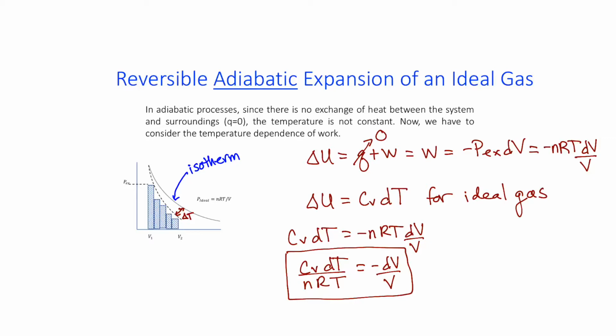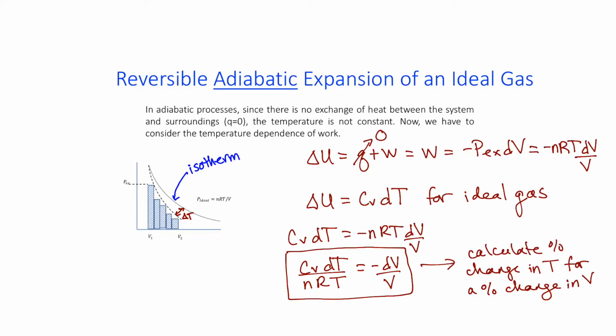Okay, so what this equation gives you the power to do is calculate relative percent changes in temperature for relative percent changes in volume. Okay, so you're essentially getting the corresponding temperature and volume changes for a reversible adiabatic compression or expansion of an ideal gas.